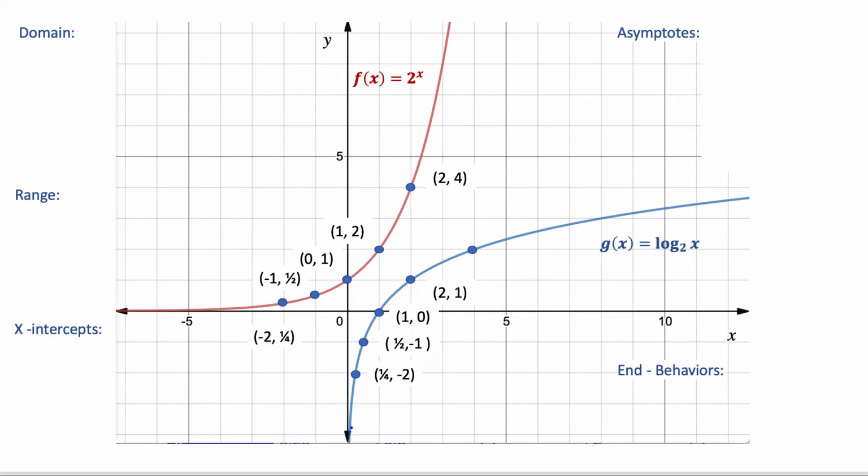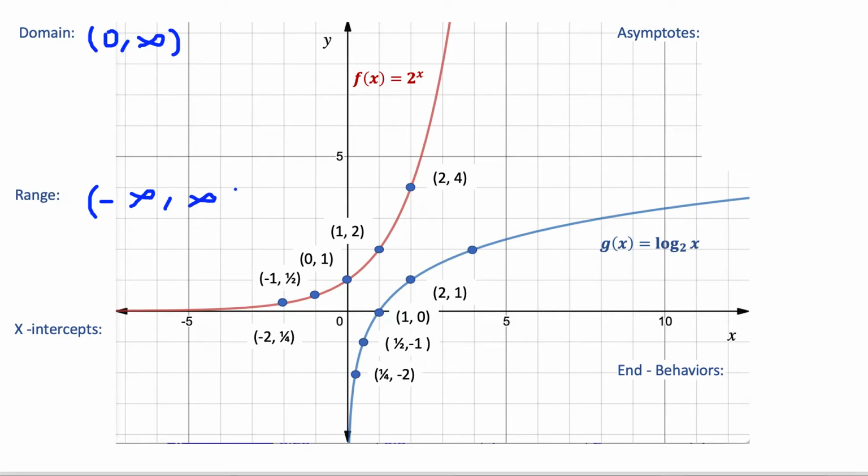So the domain is from 0, doesn't include 0, but is between 0 and infinity. This is the domain. And what is the range of the function? The range of the function is from negative infinity to positive infinity.